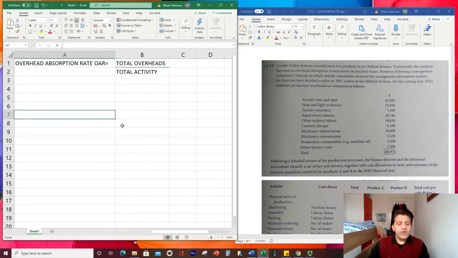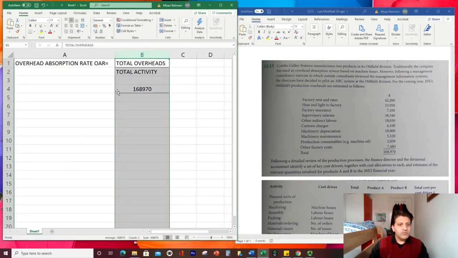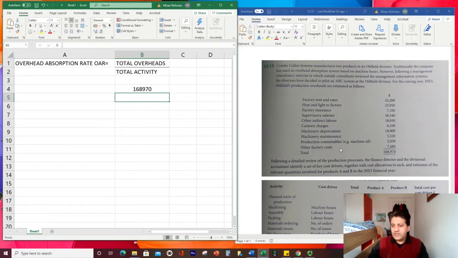So that's the formula. Now we know that the total overheads are given very clearly in the question, which are 6168970, and then we have total activity given very clearly as well.